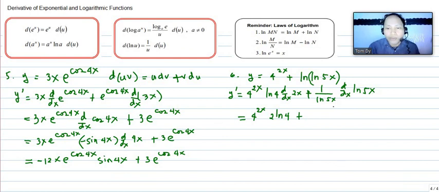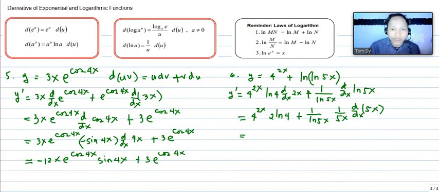the derivative of ln of 5x. I will just copy this one first: we have 1 over ln of 5x. The derivative of ln of 5x equals 1 over 5x times the derivative of 5x, that is 1 over u du.